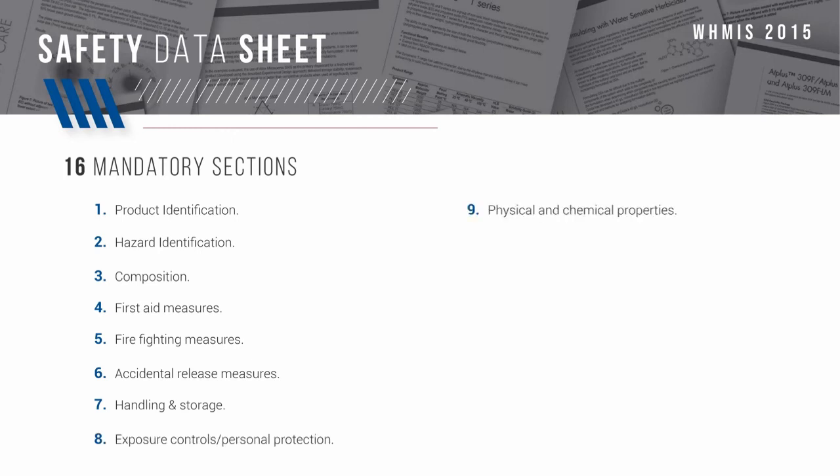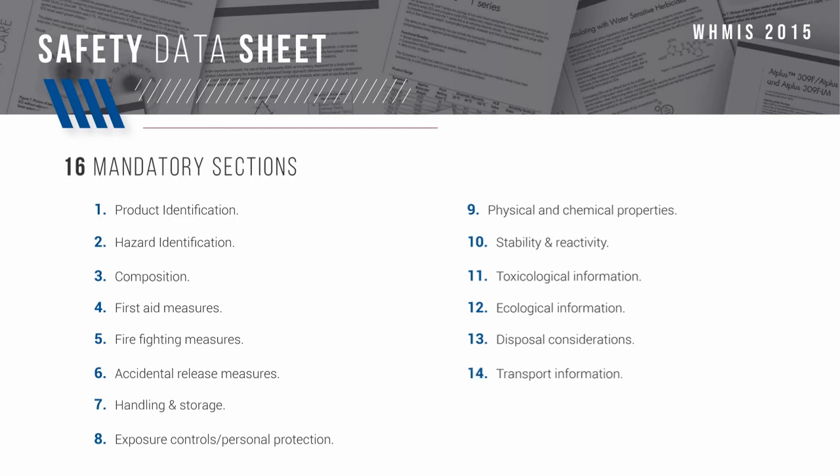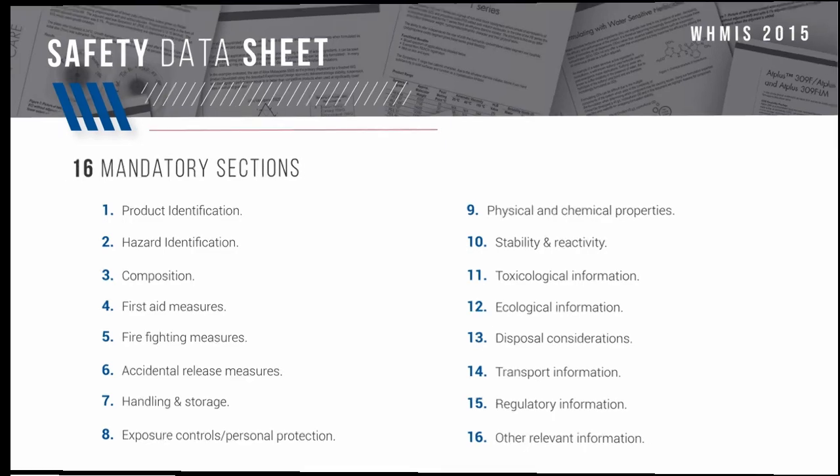Physical and chemical properties. 10. Stability and reactivity. 11. Toxicological information. 12. Ecological information. 13. Disposal considerations. 14. Transportation information. 15. Regulatory information. And 16. Other information. Let's take a closer look.